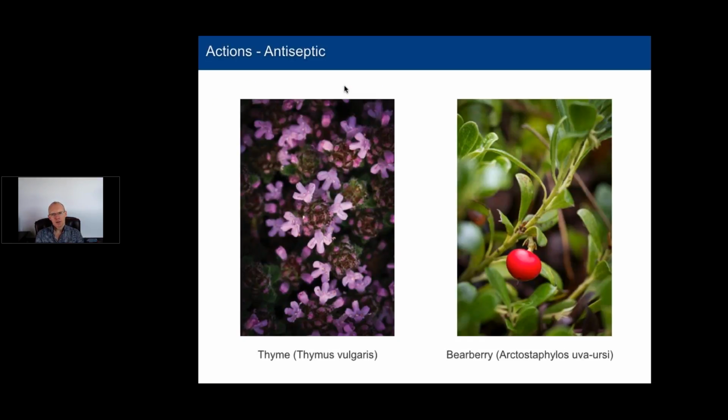So there are several different antiseptics. Oregano oil is one example. Also thyme. Thyme and oregano are both in the mint family, and they have very similar phytochemicals. They both contain carvacrol, which is the main active ingredient in oregano oil, and thyme also has carvacrol, but thymol is the main active ingredient.